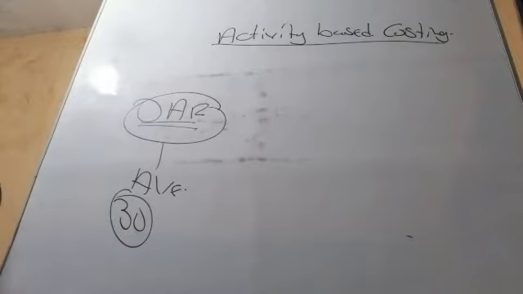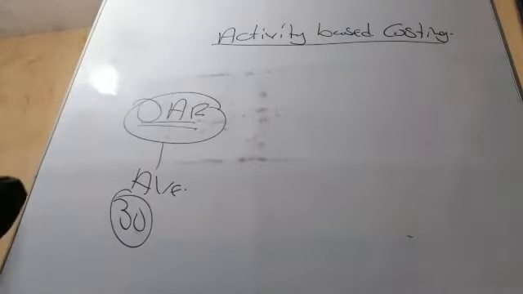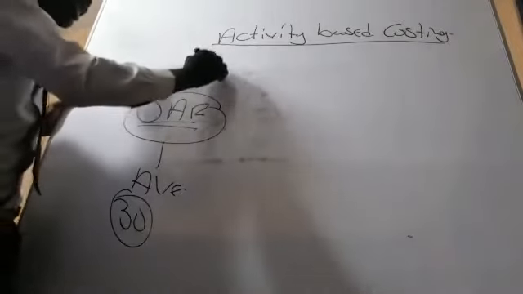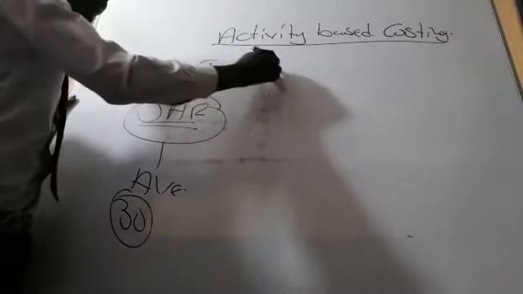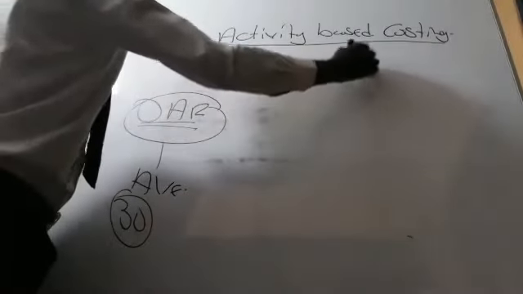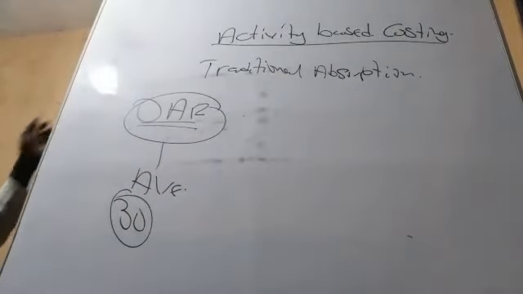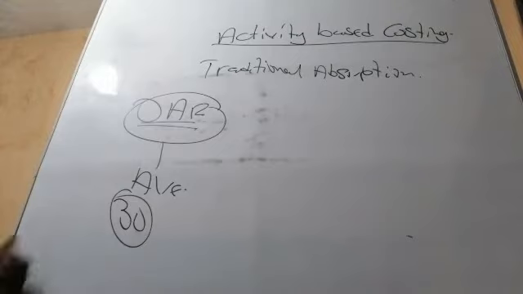That is the difference between activity-based costing and the traditional absorption cost system. In the traditional system, everything is put together. We place them in one single bowl and then find the average.